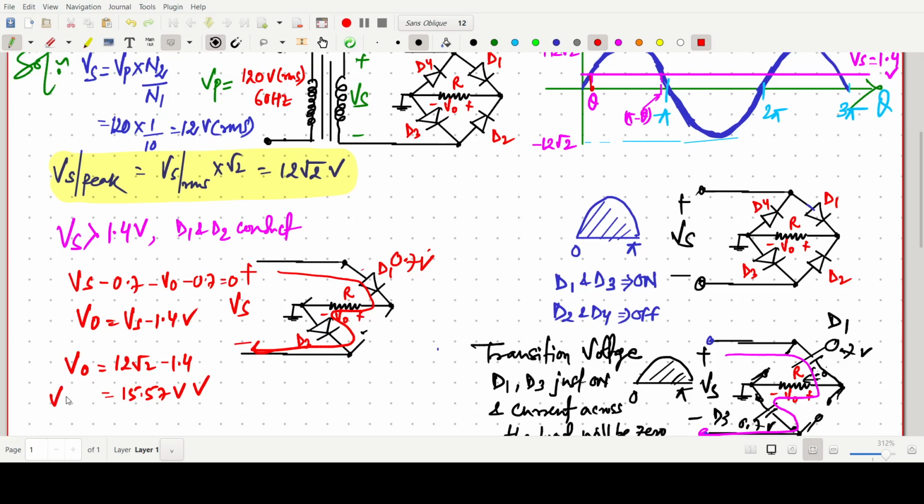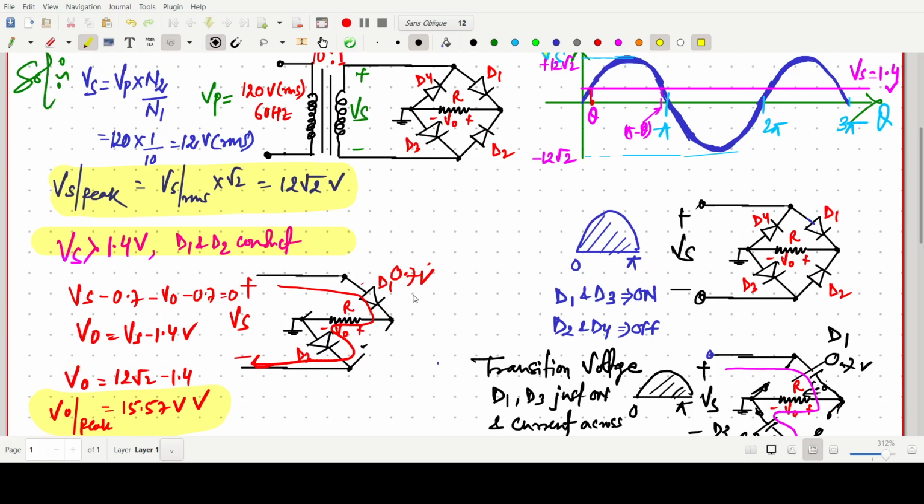This will be the Vo peak. At Vs of 1.4 volt, the output voltage will be just 0.